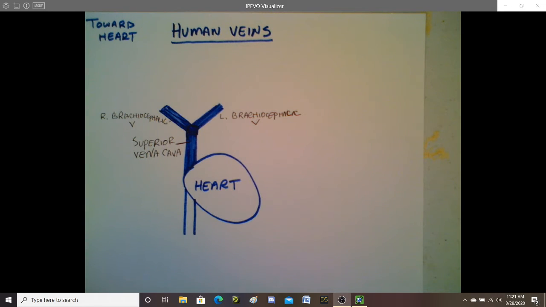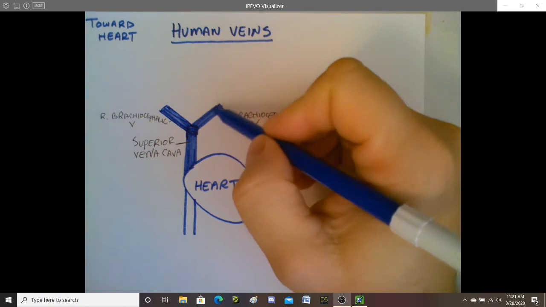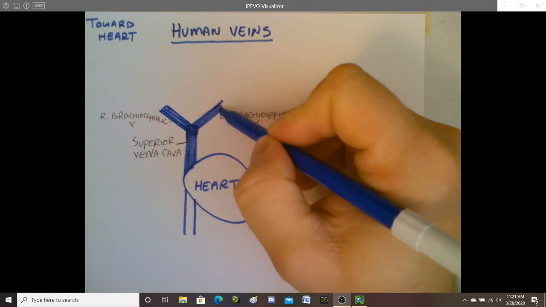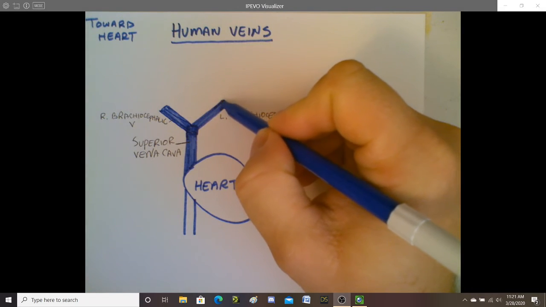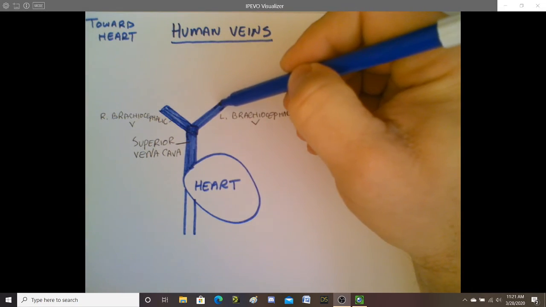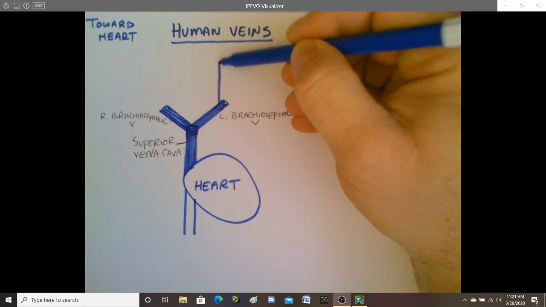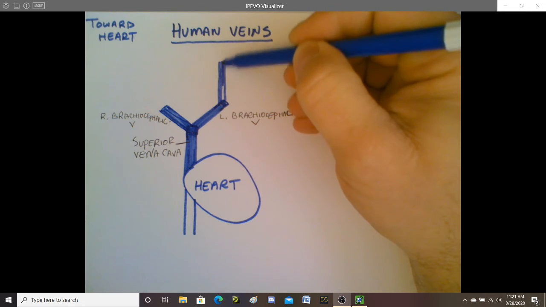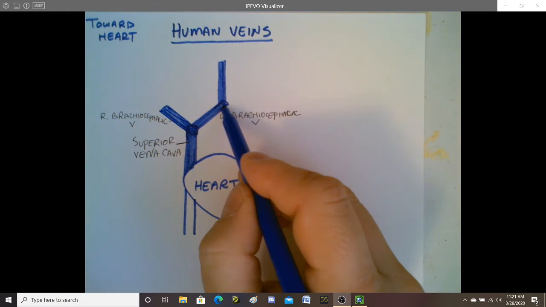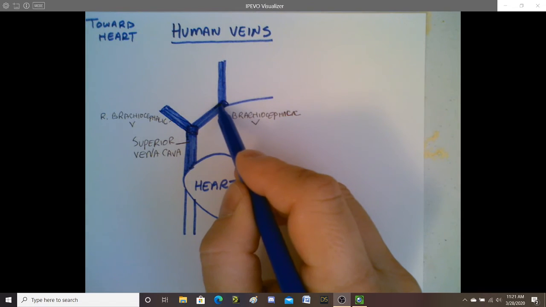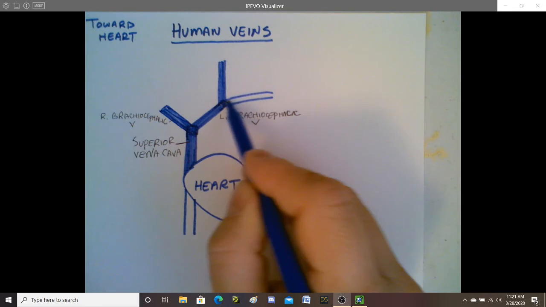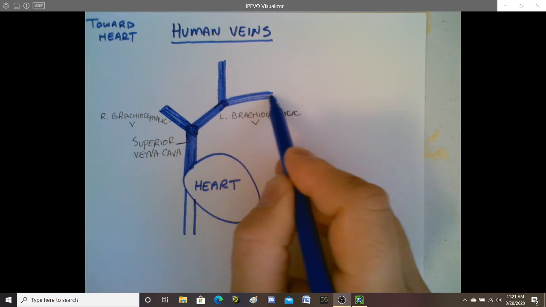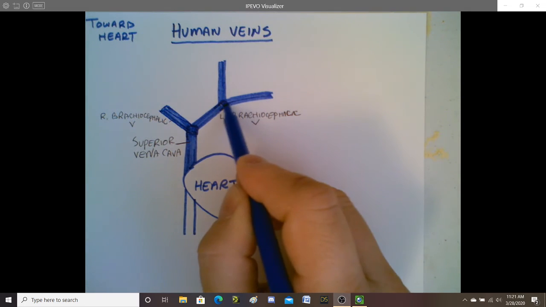So I'm just going to draw out the left side. So the brachiocephalic vein is going to come up until it branches. We're going to have one big branch going up. We're going to have another branch continuing along into the shoulder. Alright.